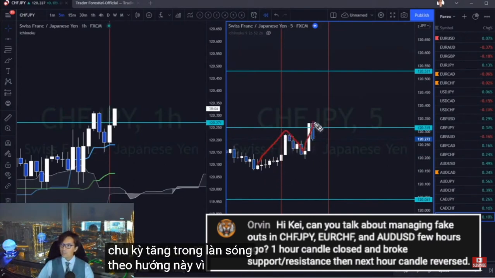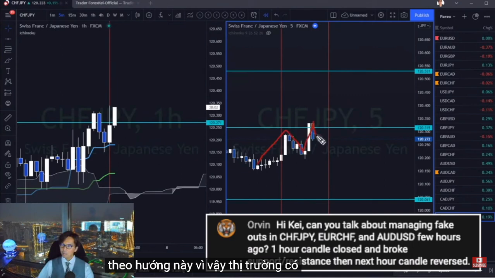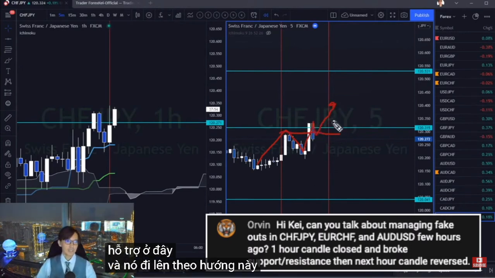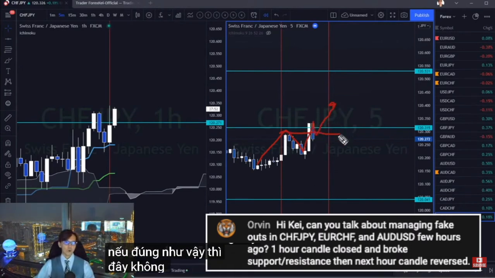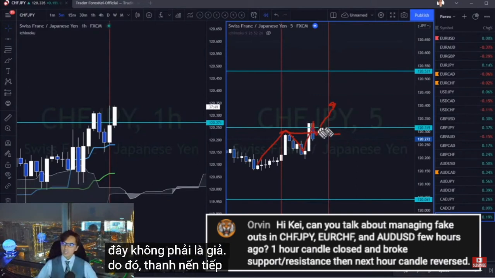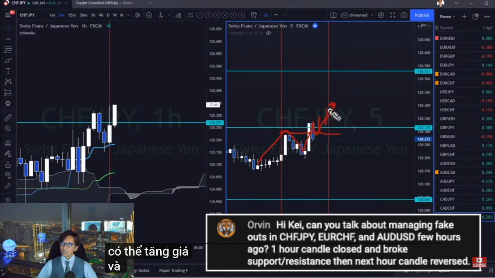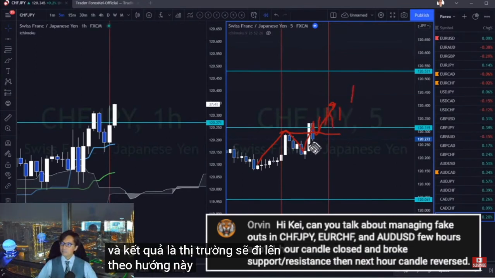The market might have gone upwards in this direction. It might afterwards be supported here and go up in this direction. If that's the case, this won't be a fake out. So the next candlestick might be bullish, and the market should go up in this direction as a result.